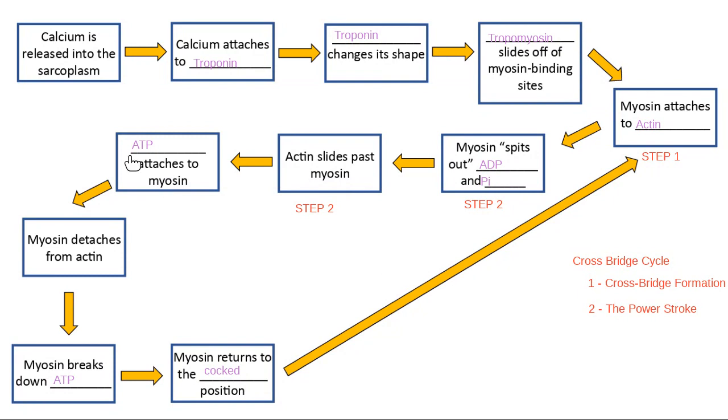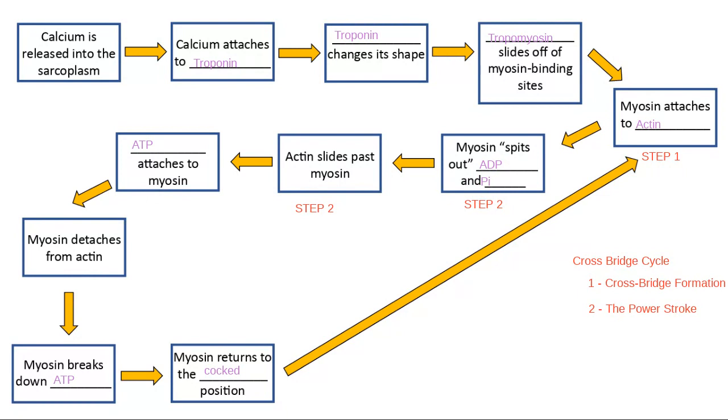Next, we see that ATP attaches to myosin. When ATP attaches to myosin, myosin can't stay attached to actin anymore. Both of these things go together in step 3 of the Croxbridge cycle.